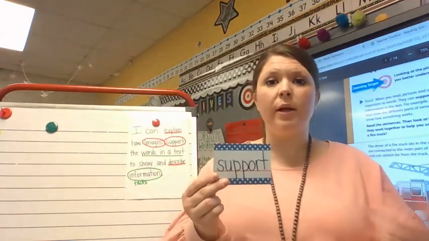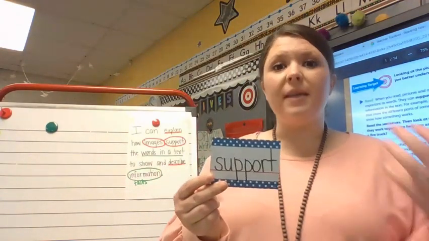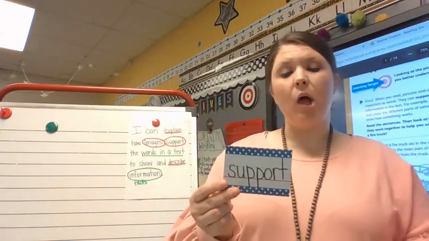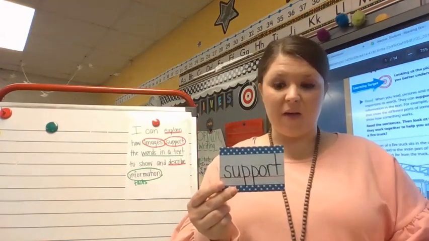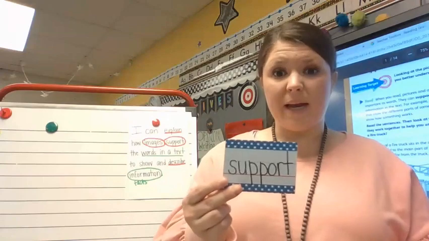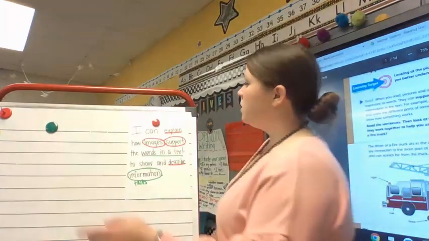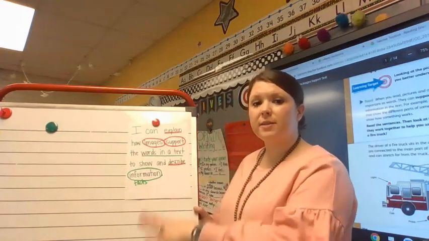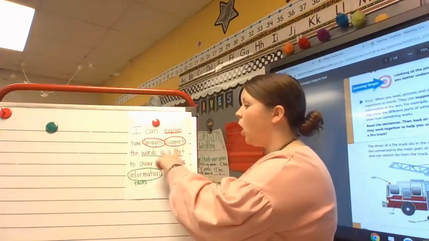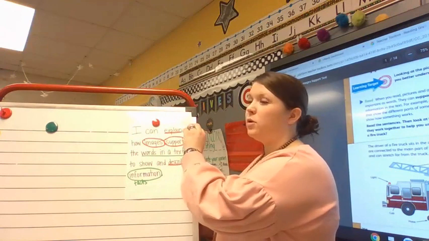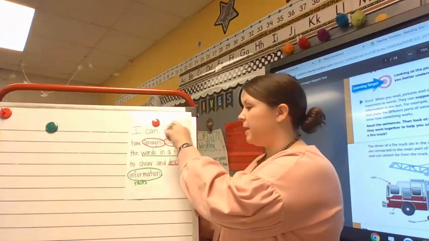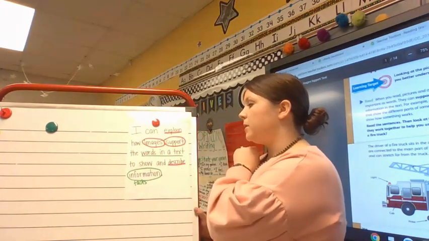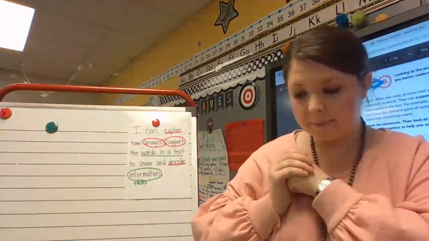When we are supporting an idea, we are giving facts and details that help to explain and provide evidence on the main idea, okay? So we're going to talk about how images, pictures, photographs, illustrations, diagrams are supported, being able to be explained and described in detail and connect to the words in a text, okay?